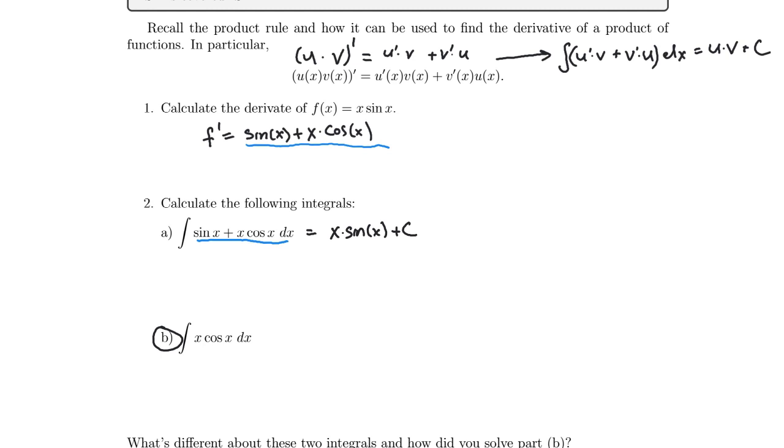Okay, so jumping up to problem A for just a moment, I'll keep writing up there. Notice that this integral expression is also equal to the integral of sine of x plus the integral of x times cosine of x, right? We can split the integral across the addition sign like that.